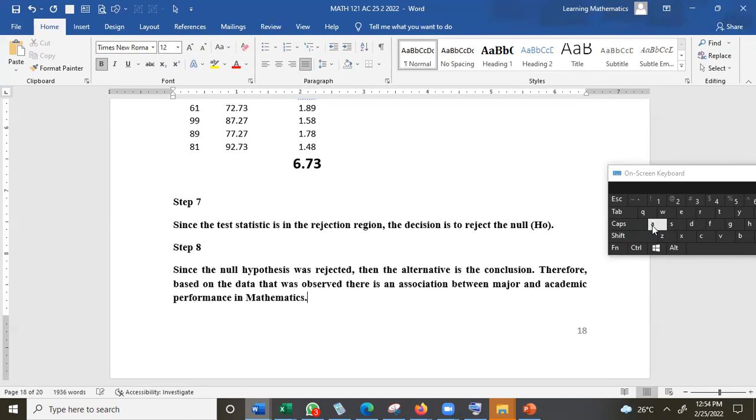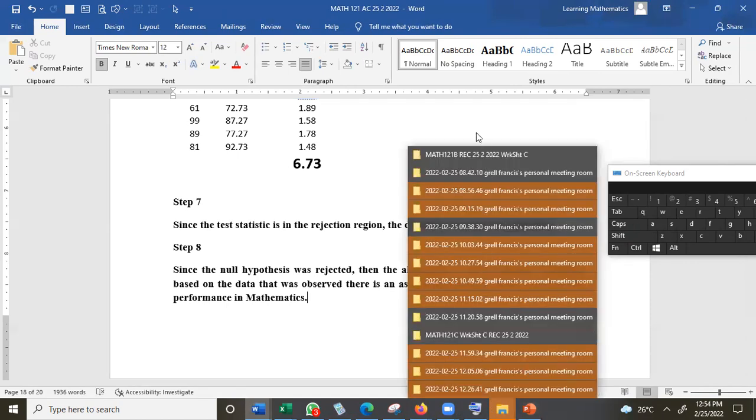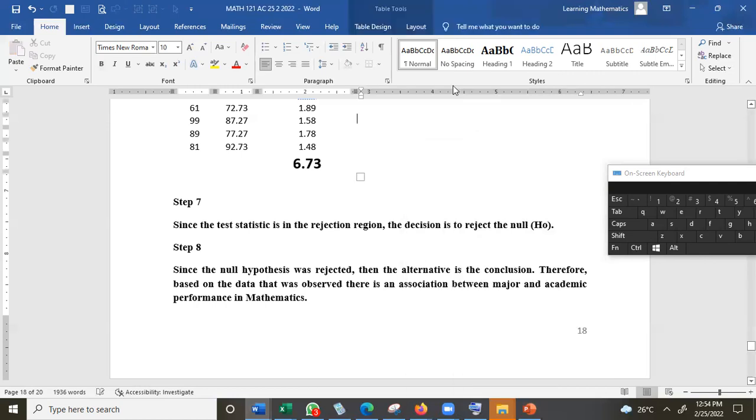All right. So here you have it. Chi-square test for no association using the critical value approach.